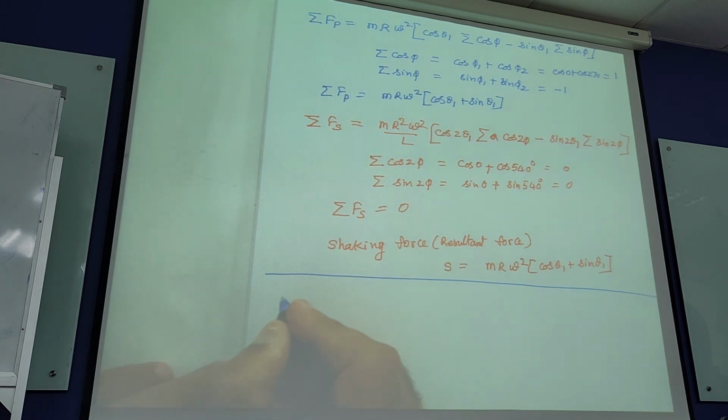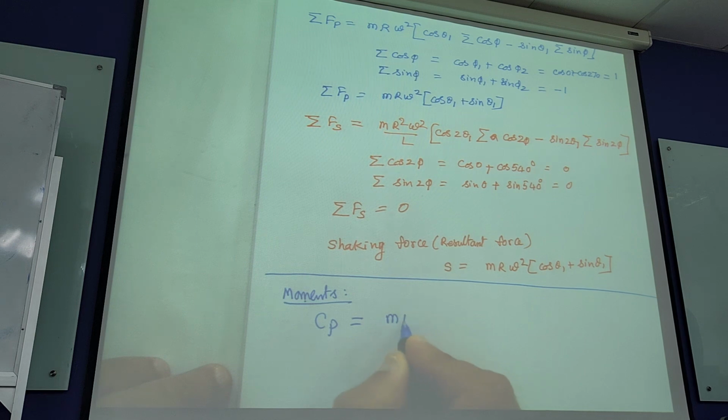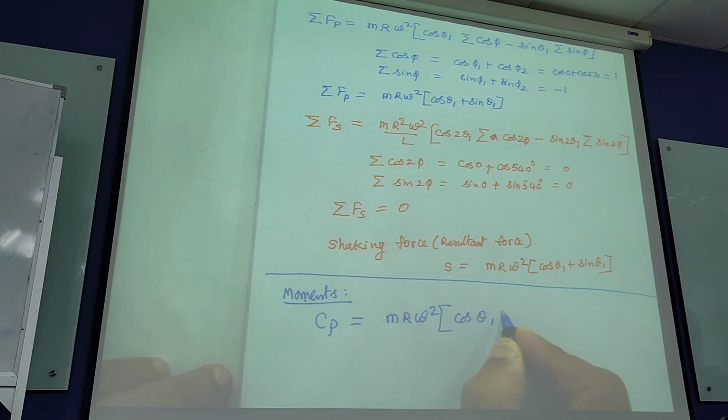Now we can do the similar thing for the moments. For the primary moment Cp, we can write m r omega square, cosine theta 1 into the sum of A cos phi, minus sin theta 1 into the sum of A sin phi.